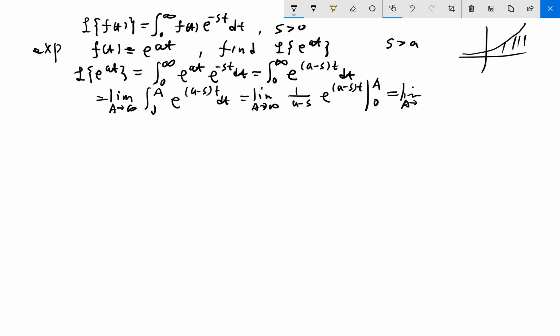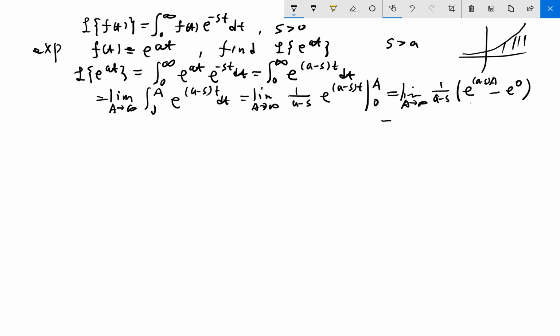So the limit as A goes to infinity of 1 over (a minus s) times [e to the (a minus s) A, subtract e to the 0]. Since a is less than s, e to the (a minus s) A goes to 0 as A goes to infinity.